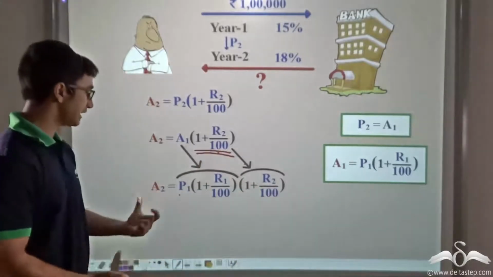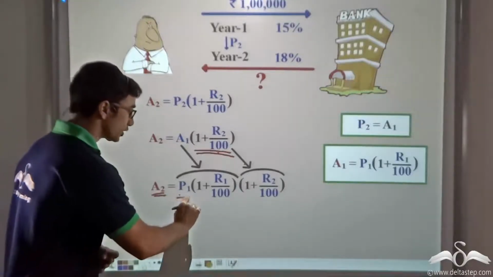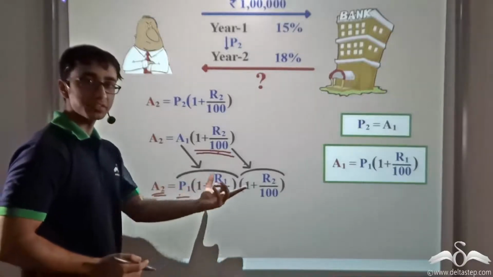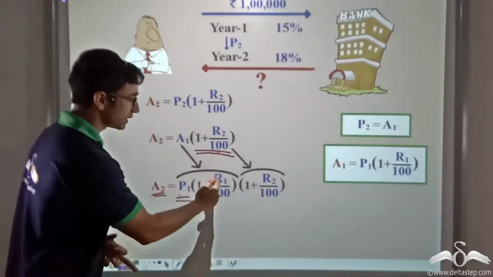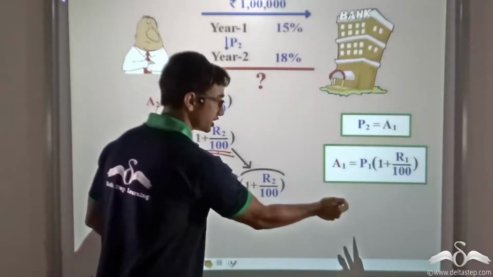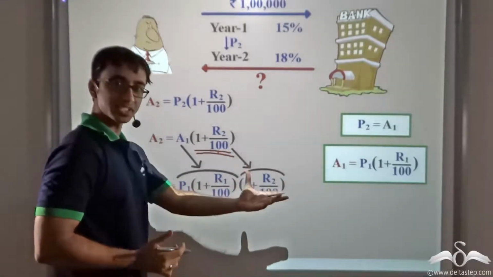So we find that the amount at the end of 2 years is given by the original sum invested, and then for each consecutive year calculating 1 plus R1 by 100, 1 plus R2 by 100, 1 plus R3 by 100 and so on. So let us say that there are n successive years.